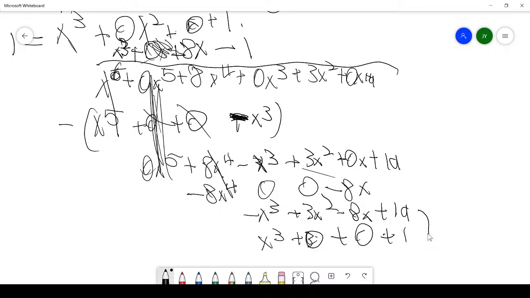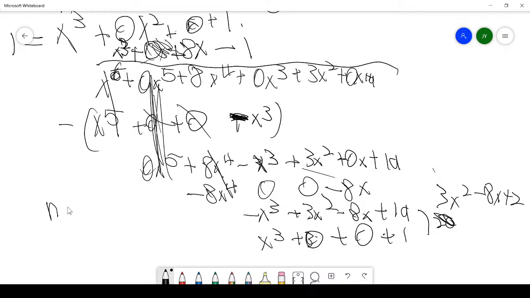This adds up to 20, so that's 3x squared minus 8x plus 20. So this is actually just a remainder, because we've gotten to a point where the thing we're dividing by has a larger power than the stuff we have left. We're finished here.